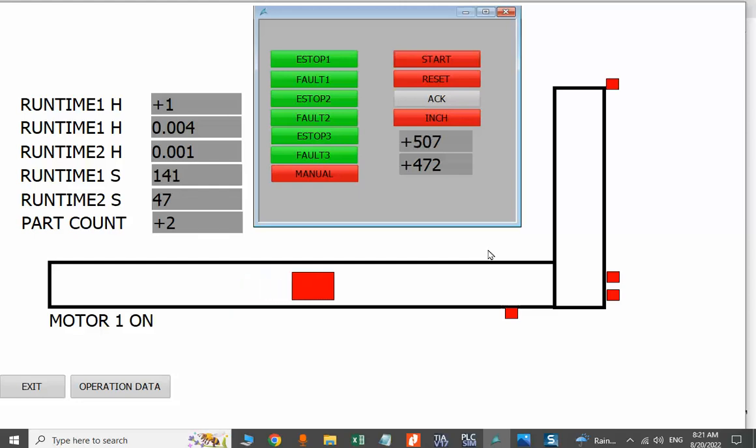So I will keep the system working without my voice for several cycles. You watch several cycles to understand the concept.